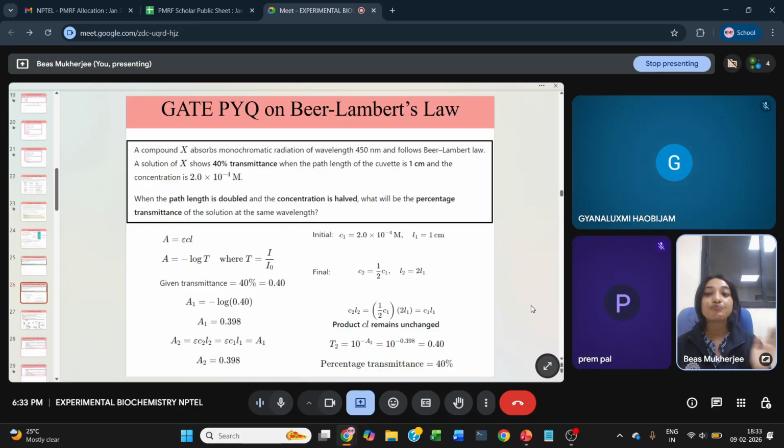Now given transmittance is 40% or 0.4, and they have done the calculation, the exact thing that we said just now. Finally they see that the product Cl remains unchanged. So A is equal to minus log T, and we see that T2 is equal to 10 to the power minus A2, which is 10 to the power minus 0.39, and from there we get that this is once again 40%.